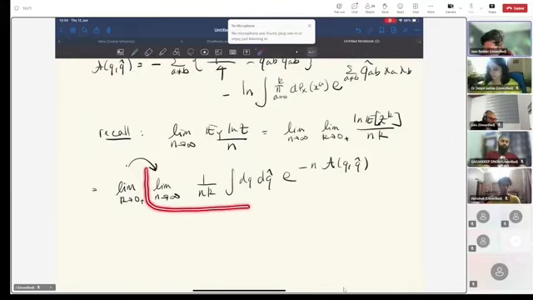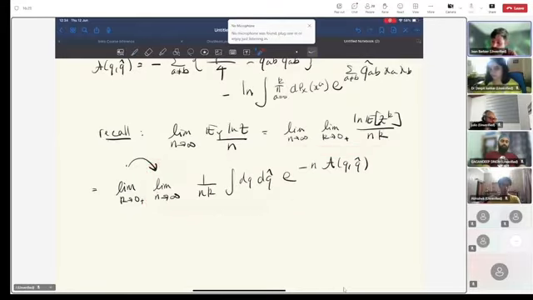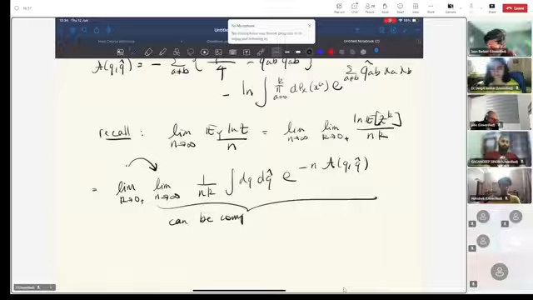And you see that now I am in position to compute this integral by saddle point integration.